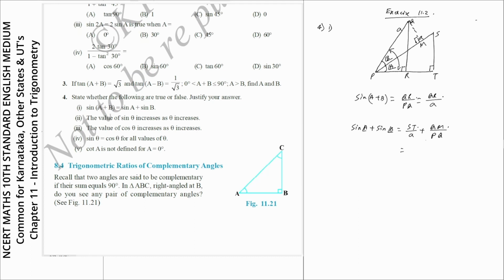So this is equal to ST by A plus QM by PQ, which is also A, so LCM is A. This is ST plus QM.